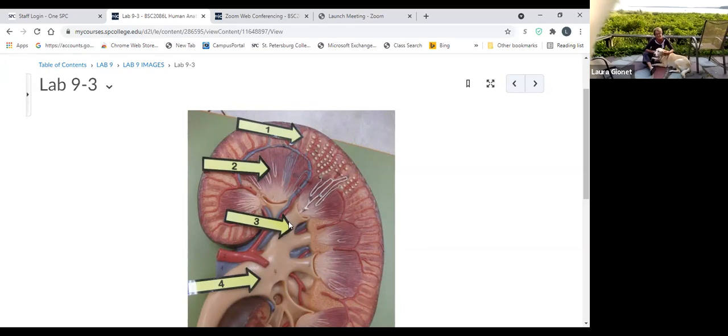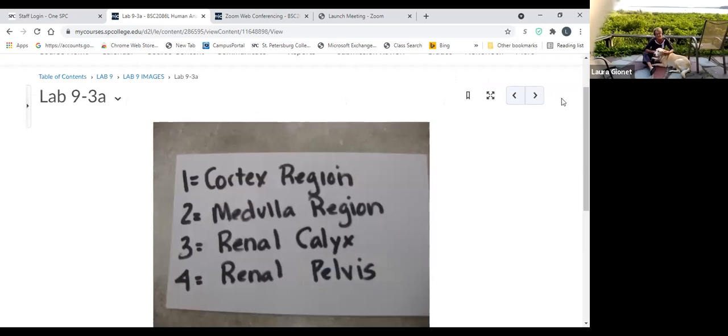Number three, these are the calyces leading to the renal pelvis. So we have the region of the cortex to medulla, then renal calyces, minors and majors, kind of like small veins merging to form larger veins. Then we have the renal pelvis, and further along would be the ureters.